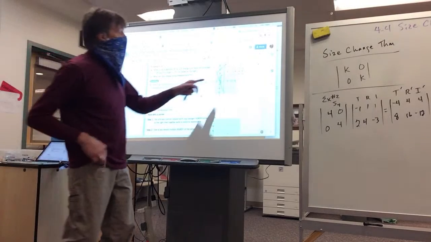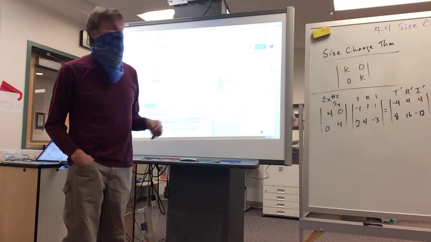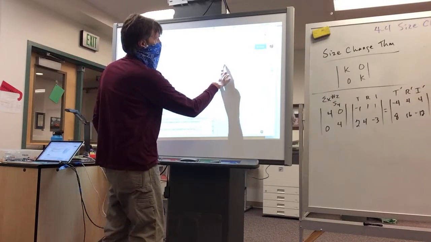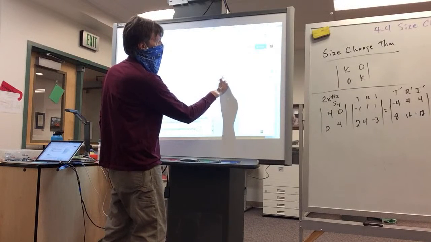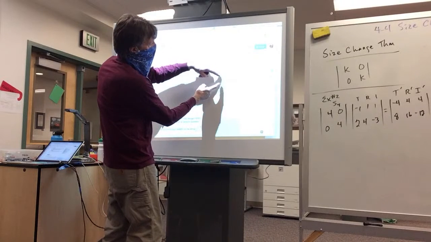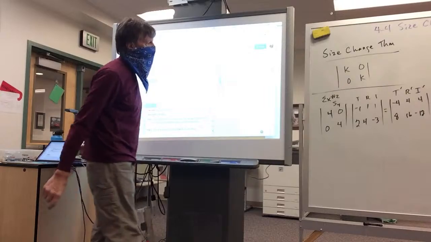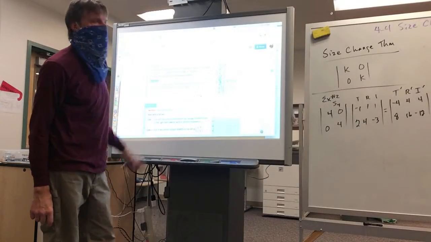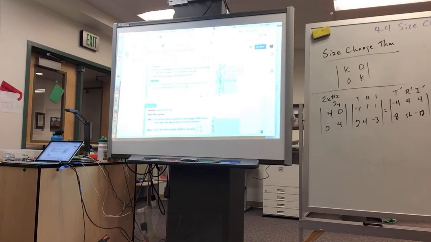You could just, quickly in your book, take a ruler and put it on here and see that this is going to be 4 times as long as this length. This length from R to I is going to be multiplied by 4 to get R prime to I prime. So we're kind of revisiting some of the geometry ideas, but then we're just doing the work with matrices. That's it.